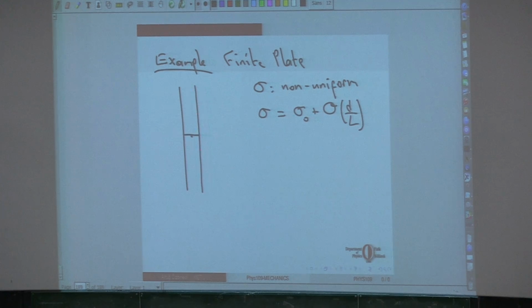Now, as I go towards the edges, let's say at this point, there is this much part. All these points over here have a symmetrical counterpart, so the contribution to the electric field from this region will be horizontal.